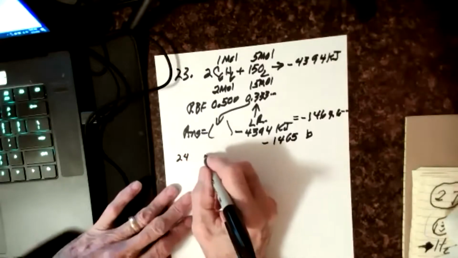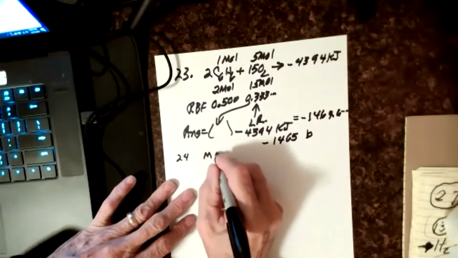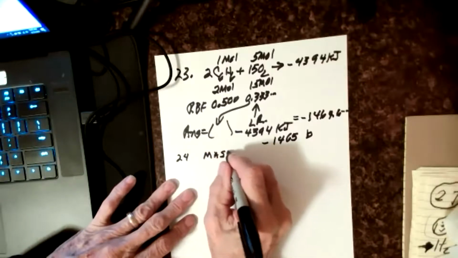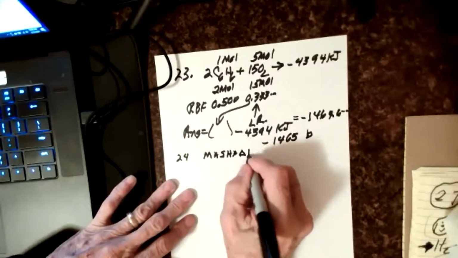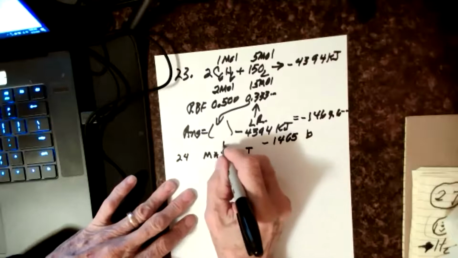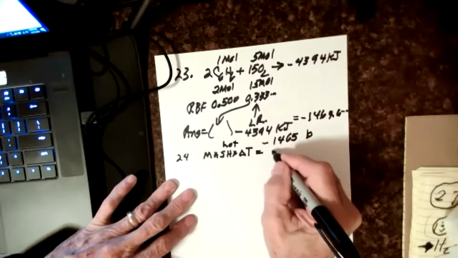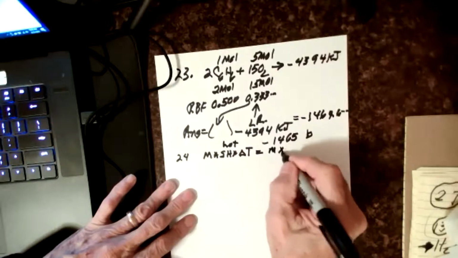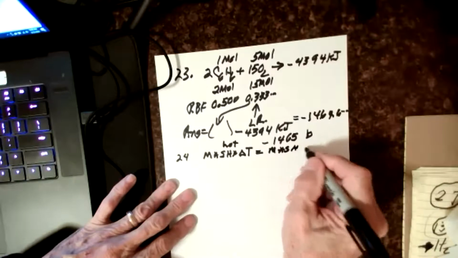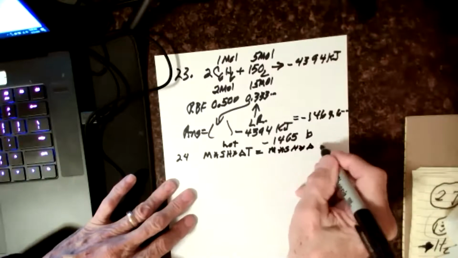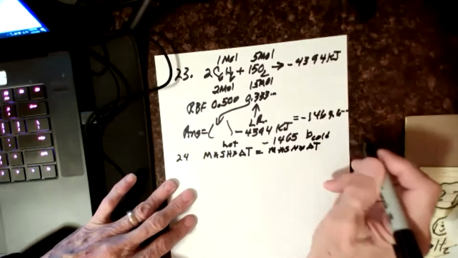And what I'm going to say is mass times specific heat times delta T of the hot object, that's the heat flow, is going to be equal to the mass times the specific heat times delta T for the colder.